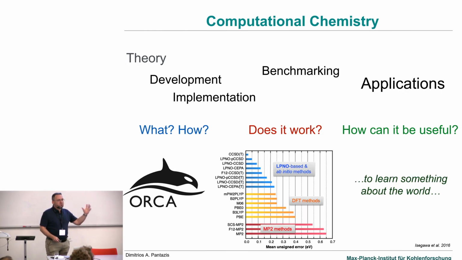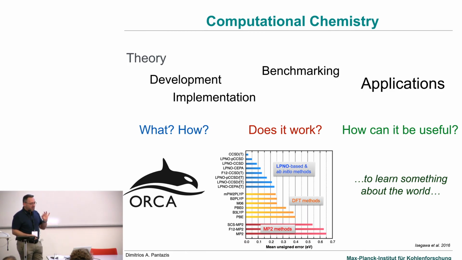So we have the programs, we have the benchmarking, and then we have the applications, and we're mostly interested here in applications. By applications, I mean not just running a calculation, I mean projects that have this specific feature: you ask questions about the world. You don't ask how these functionals compare. That's not a research question.